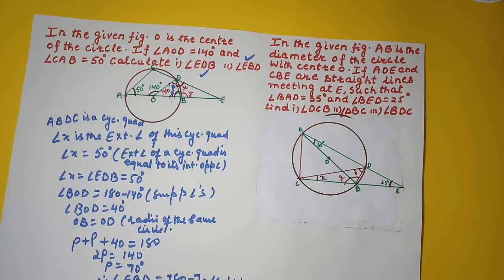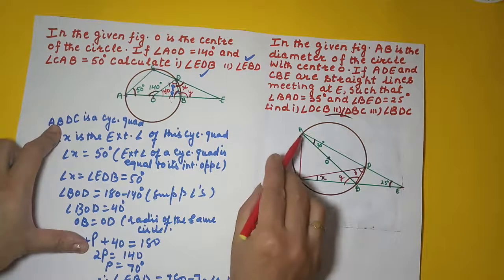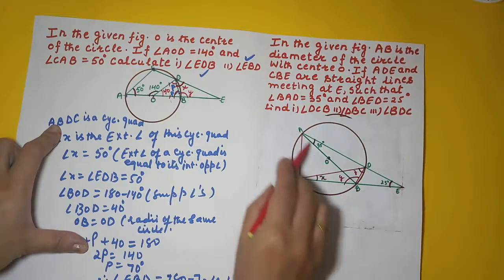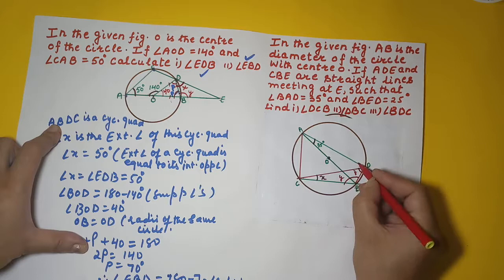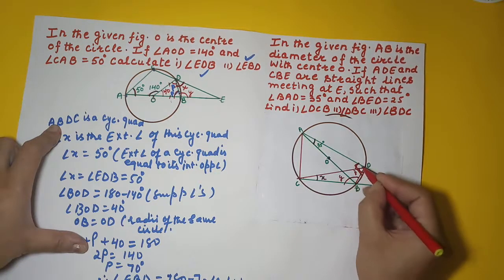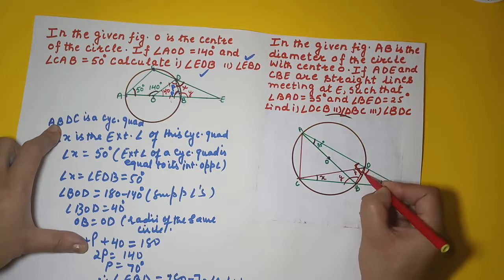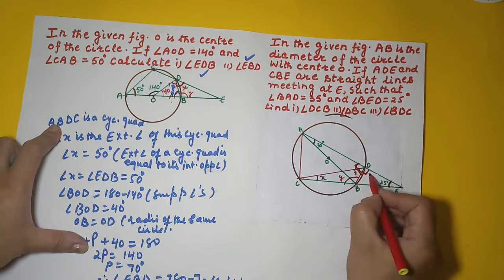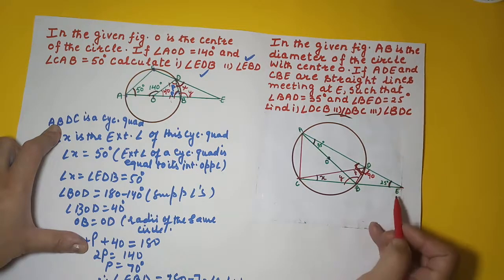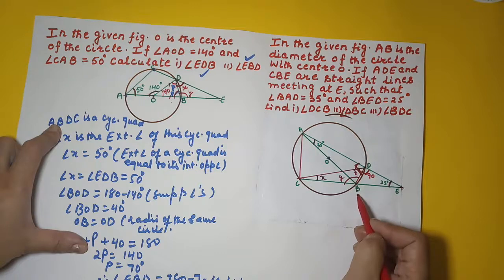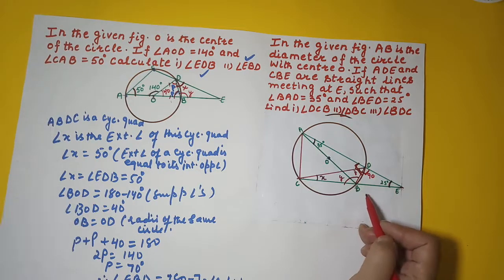Now, AB is the diameter of the circle, right? What does that mean? Does that mean that this angle is 90 degree? So if this angle is 90 degree, we can find directly this angle. This will also be 90 degree, right? So EDB is 90 degree.